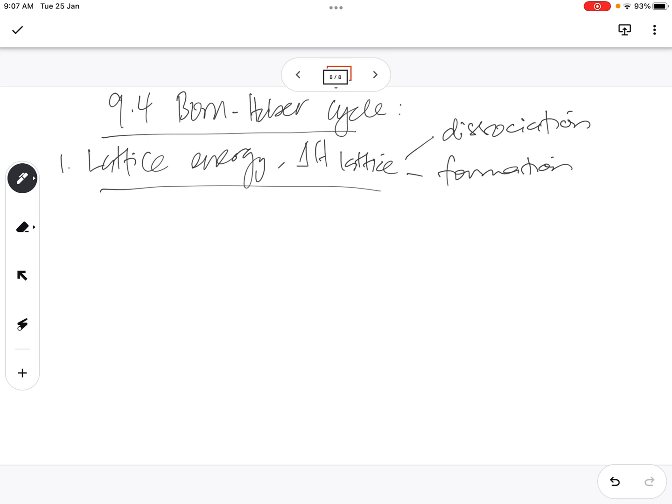So let's look at the definition of dissociation. Lattice energy dissociation is heat absorbed, so it is endothermic.